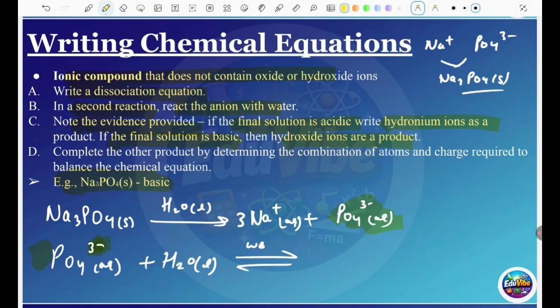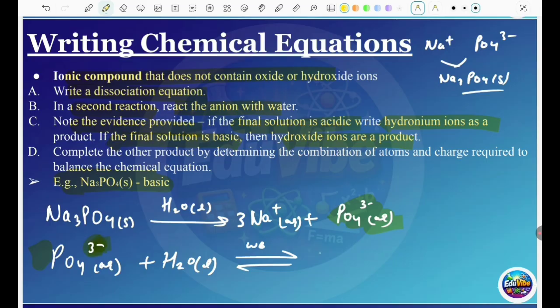This is for basic; in acid we do the opposite thing, which we will also discuss in the next few topics. But in this case we have to get rid of these 3 negative signs, which means we have to write 3 reactions, one by one, where an H goes on each time.